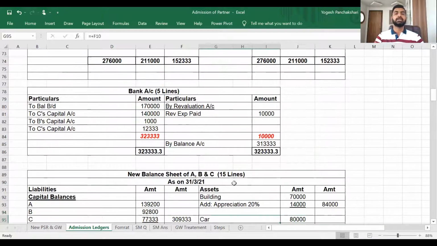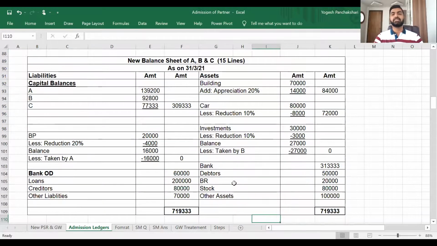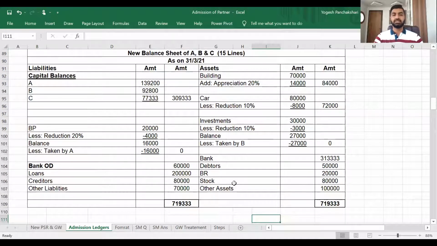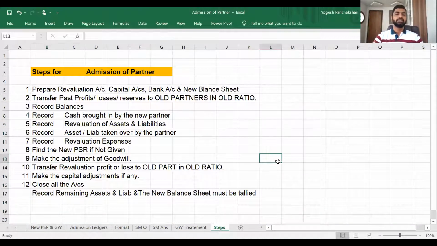So bank account is debited with this amount. Now finally bank balance is calculated, which is positive balance. It is recorded in the asset side. Remaining assets and liabilities are recorded, and we got the balance sheet tallied. So in these simple steps, take the screenshot if you want. In these simple steps, you can tally the problem, that is the question of admission of partner, easily.